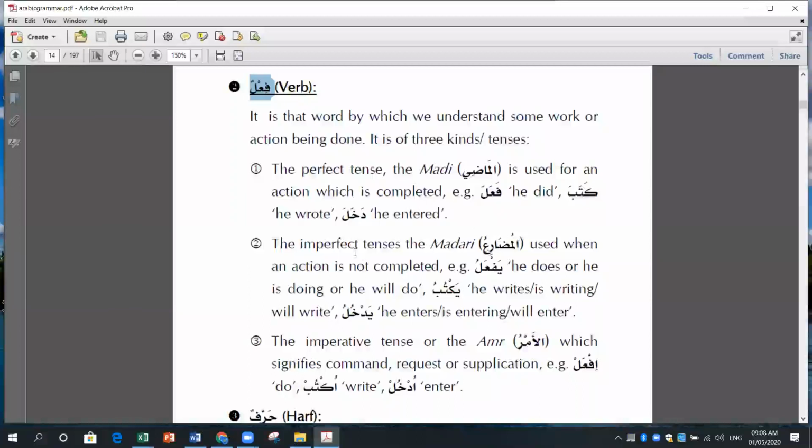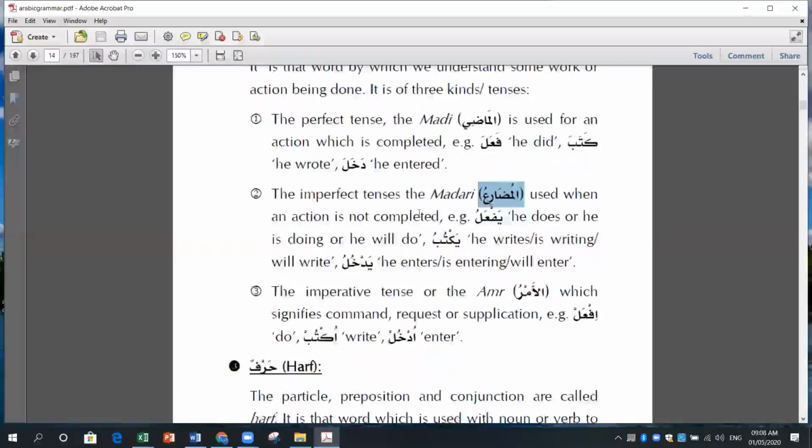The next is imperfect tense, that is, continuous, going on. It is called al-mudari in Arabic. The second verb is al-mudari, this highlighted one. Al-mudari includes present and future both. Mudari is used when an action is not completed, it's still going on, or it will keep going on in the future as well.